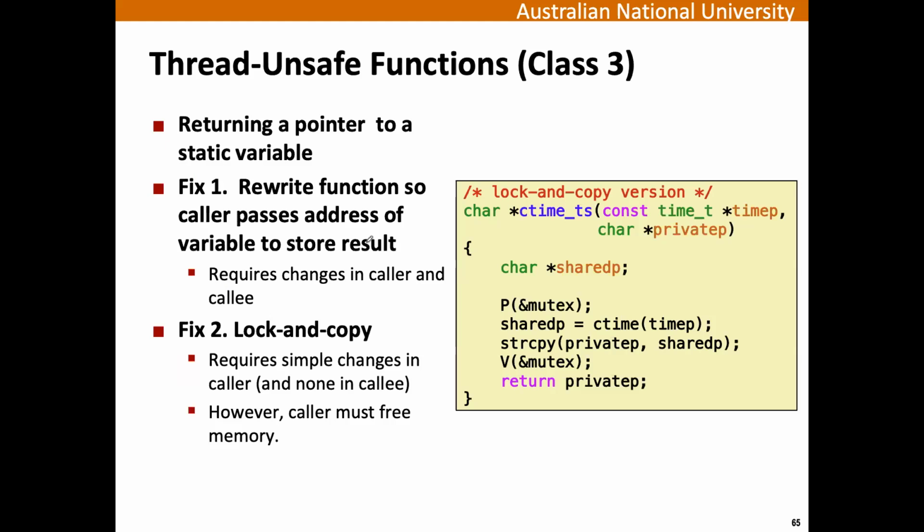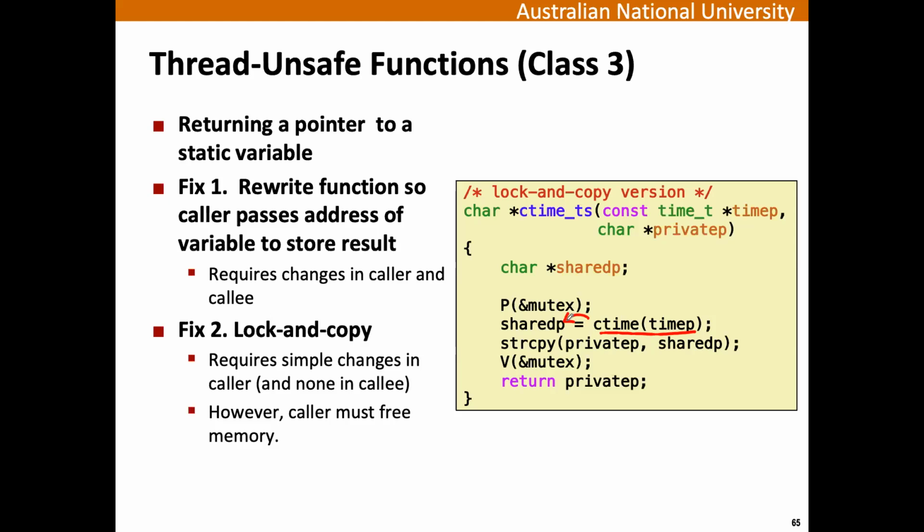This is a class of functions that return a pointer to a static variable. They always return a pointer to the same variable, right? For instance, there's a function called ctime. What it returns is a pointer to a structure that it contains.